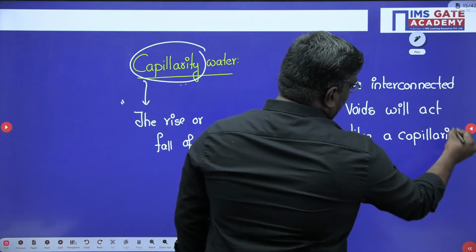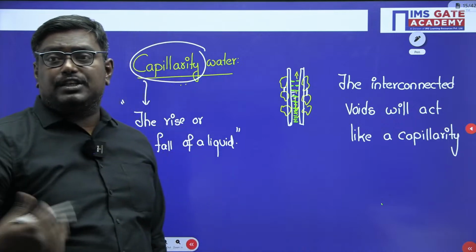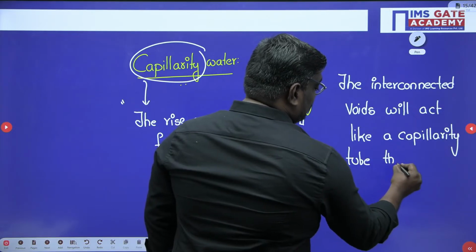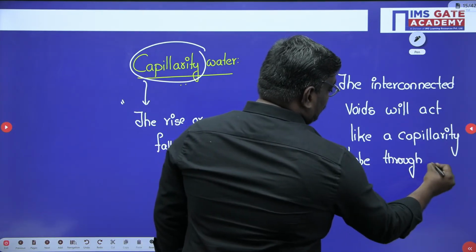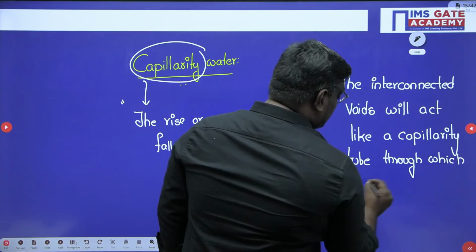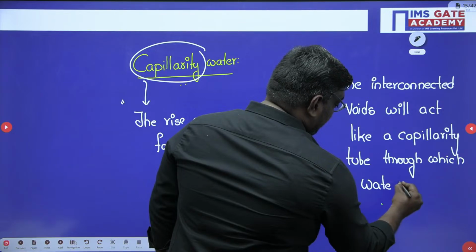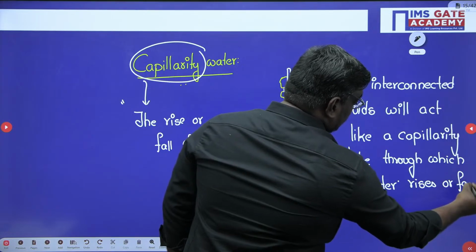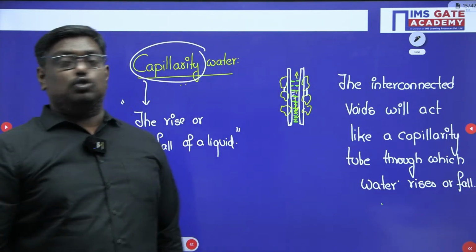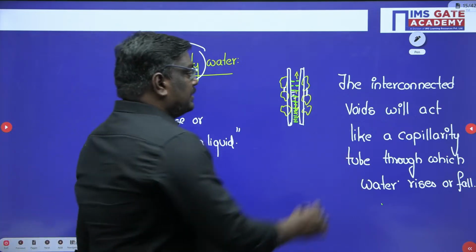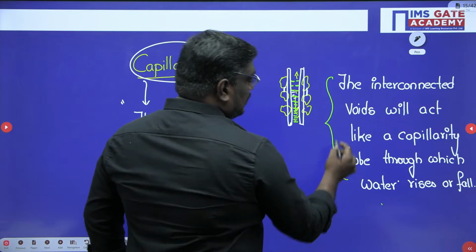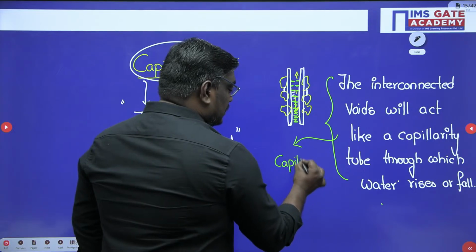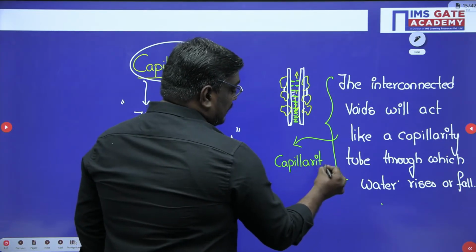The interconnected voids will act like a capillarity tube through which the water will rise or fall. Now, my dear students, this phenomenon is known as capillarity fringe.